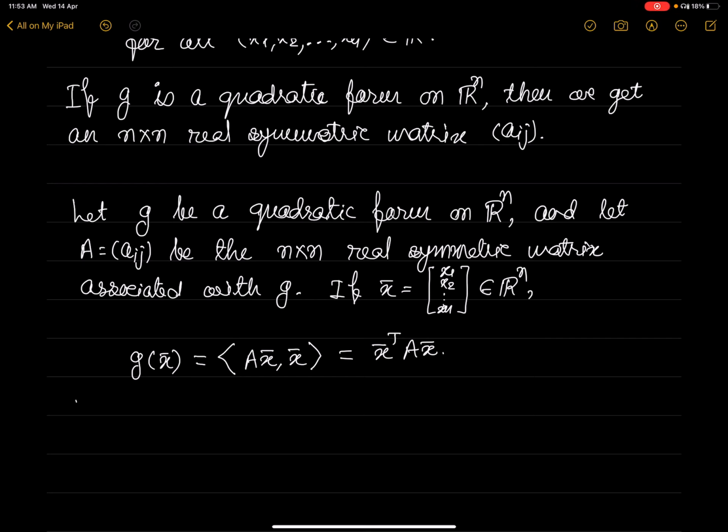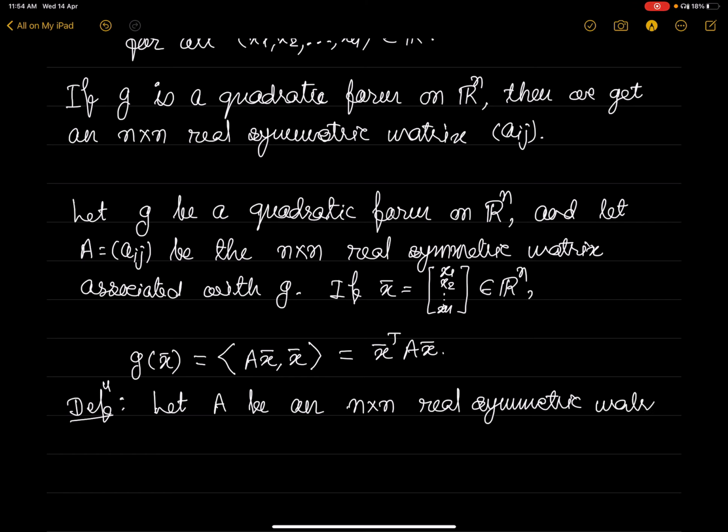Okay, so definition. Let me just give the definition for A, since it is the same for both. Let capital A be an n cross n real symmetric matrix.